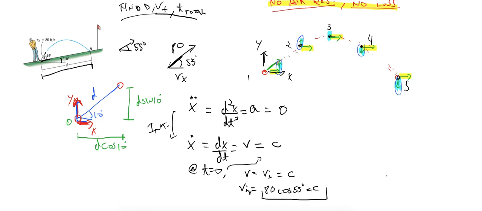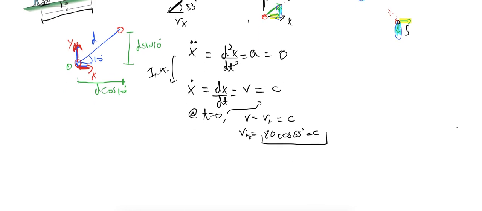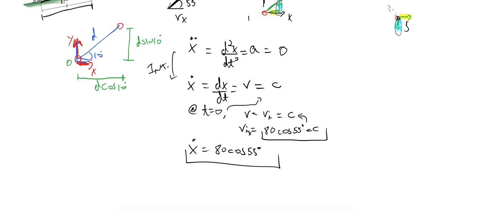Now, all I have to do is sub this information in and get my general equation, which I like to call x dot equals 80 cosine of 55. Boom. So this describes the velocity everywhere. Now, to get the position, we just integrate again, and when we integrate velocity, we get position.